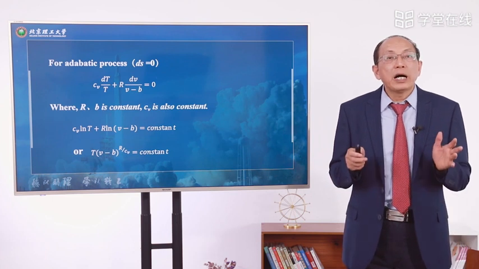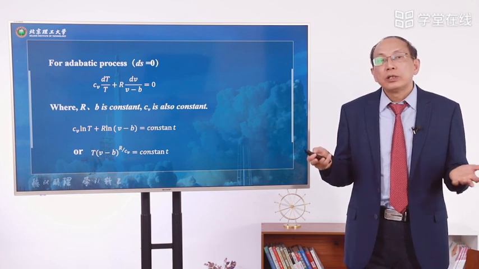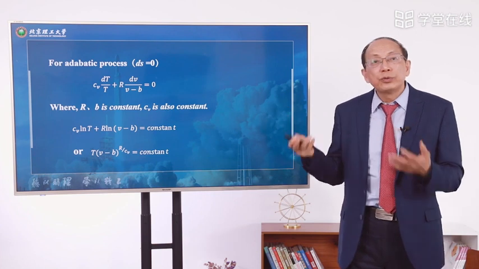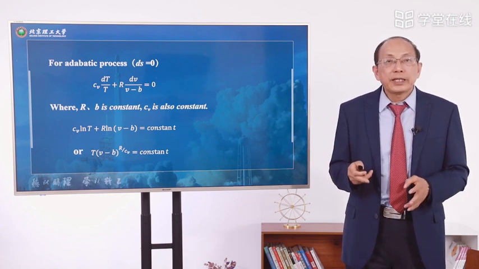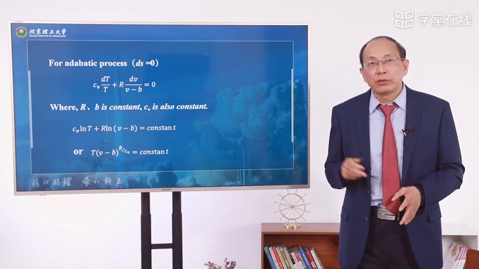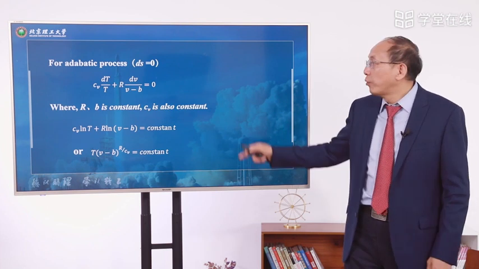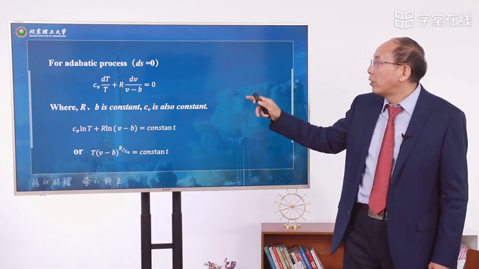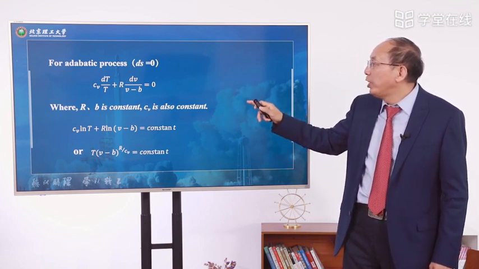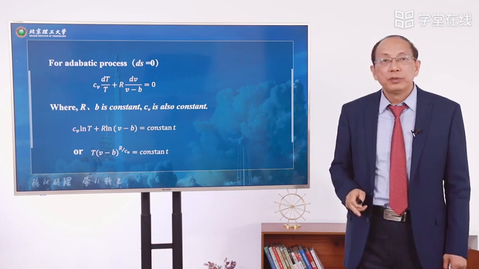Okay, the condition tells you the process is adiabatic, so in this case dS is 0. So we obtain Cv dT over T plus R dV over (V minus b) equals 0.